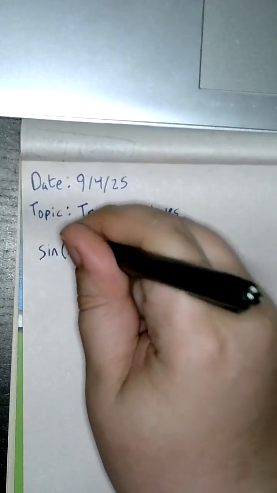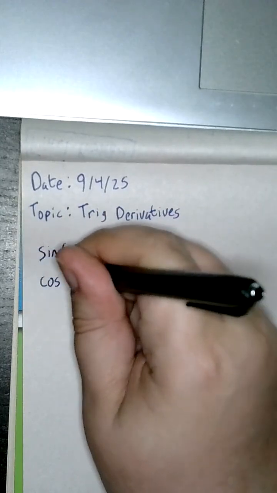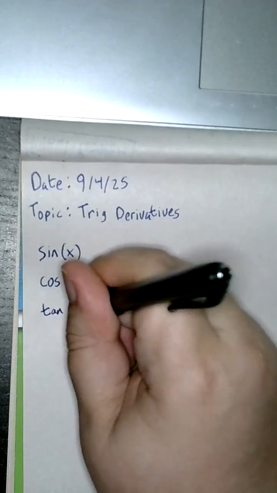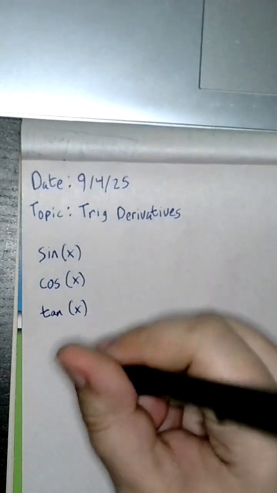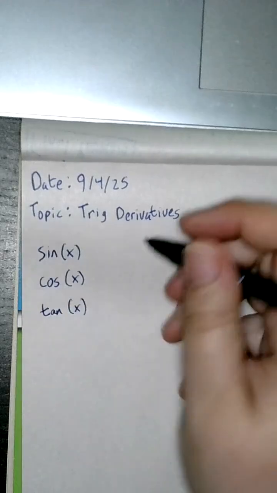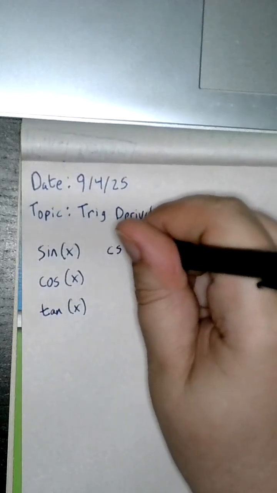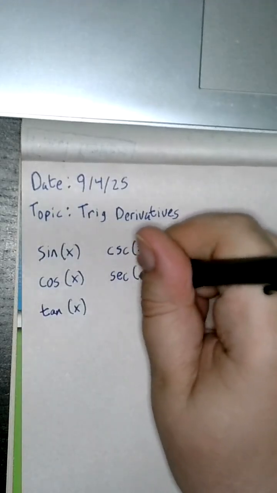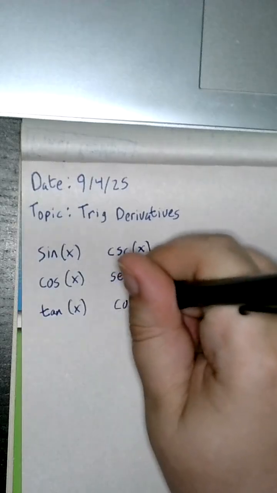Our 6 trig functions are going to be sine, cosine, tangent, and then we have cosecant, secant, and cotangent.